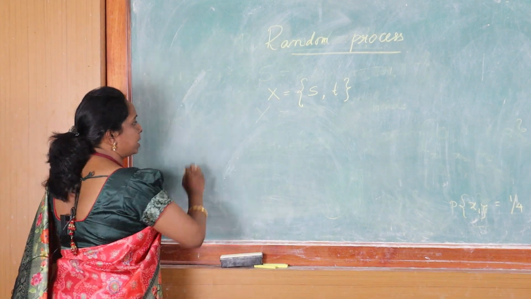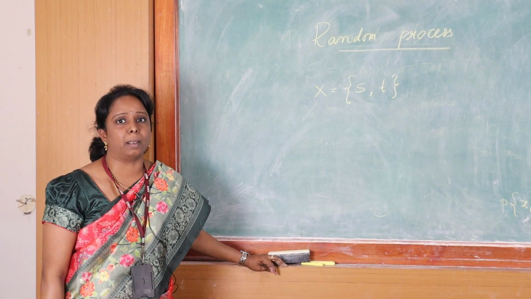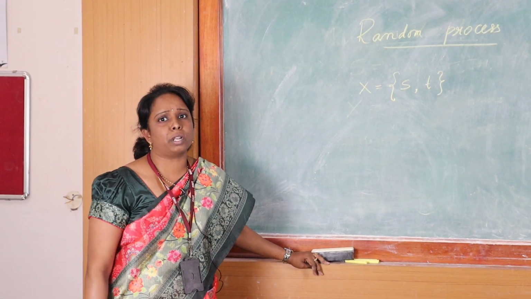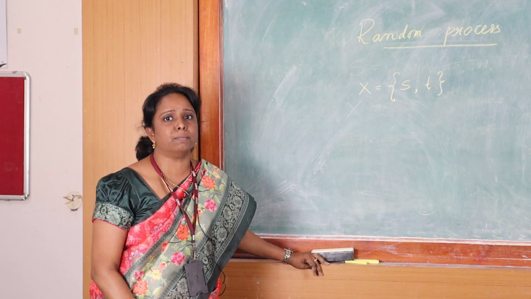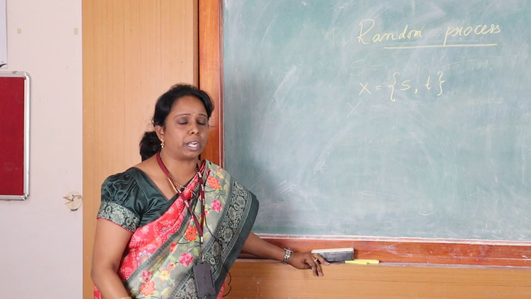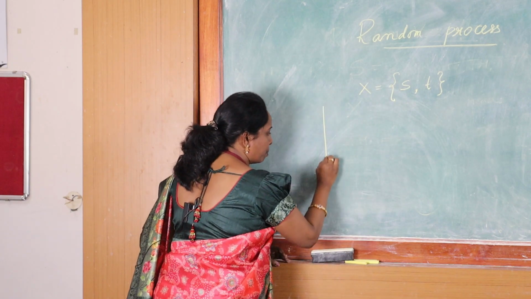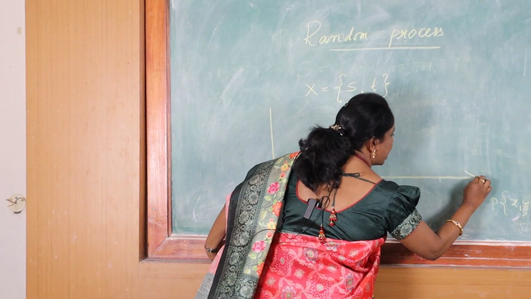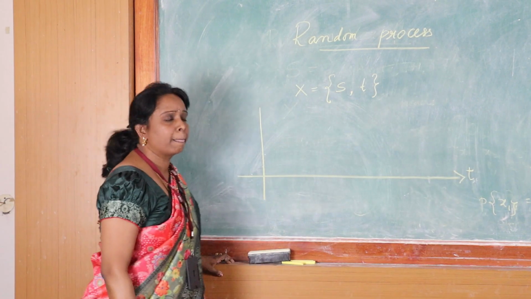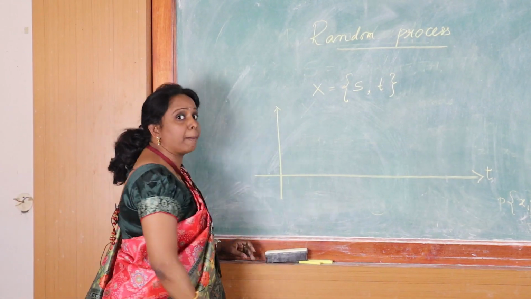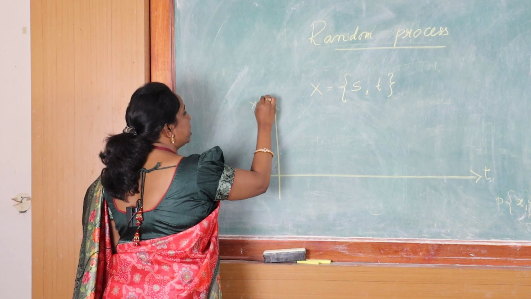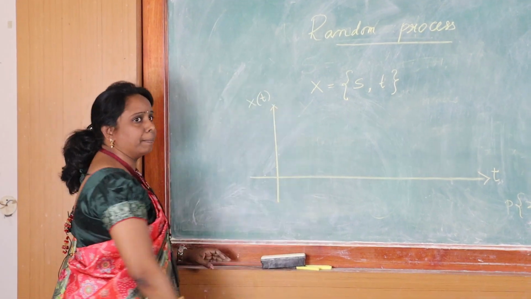The best representation is the noise signal. Noise signal in any electronic circuit, you can take it as a best random signal. Similarly, temperature reading. So how do we represent the random process? Let me consider the x-axis as time and the y-axis as amplitude. Amplitude I am just representing as x of t.